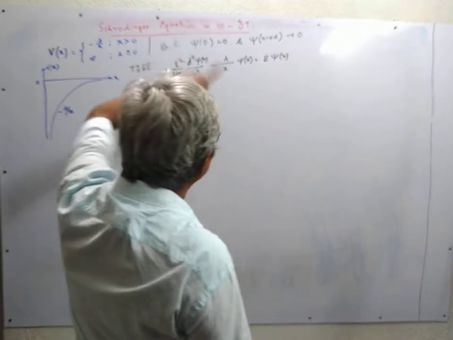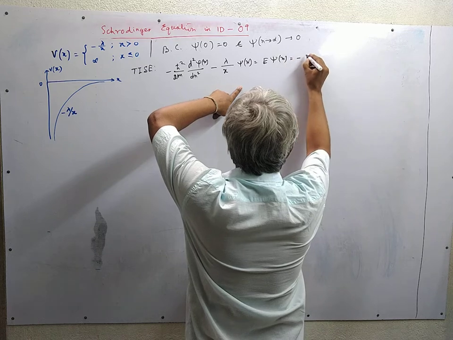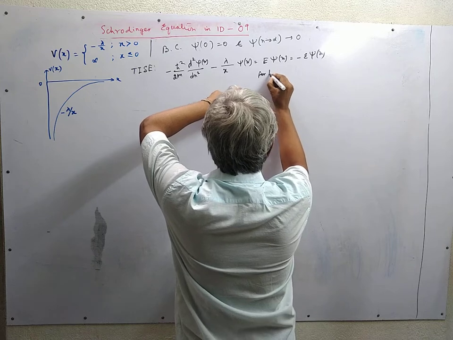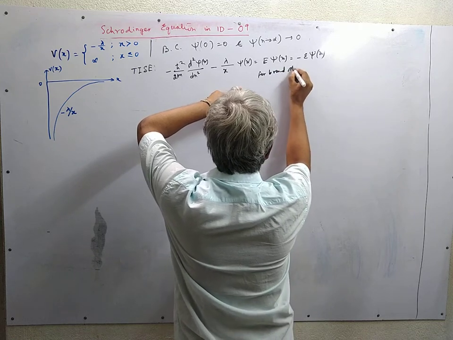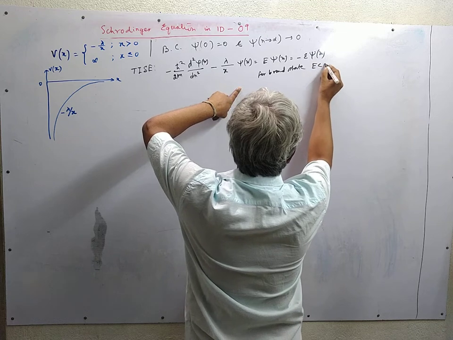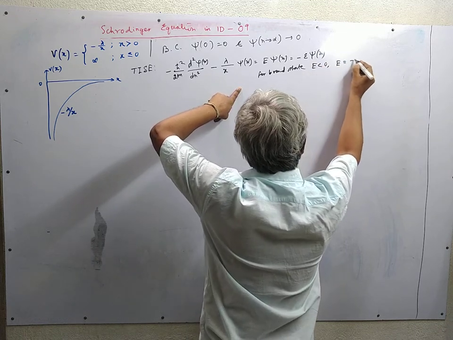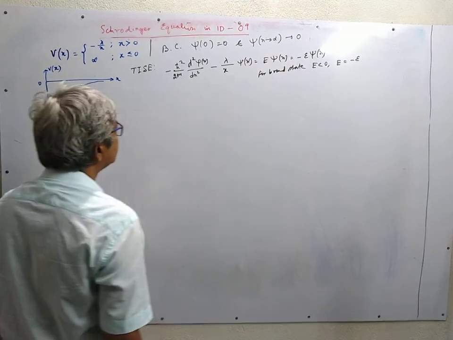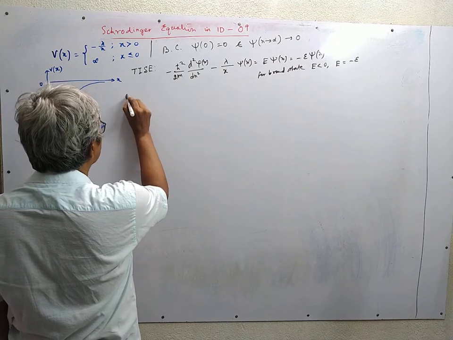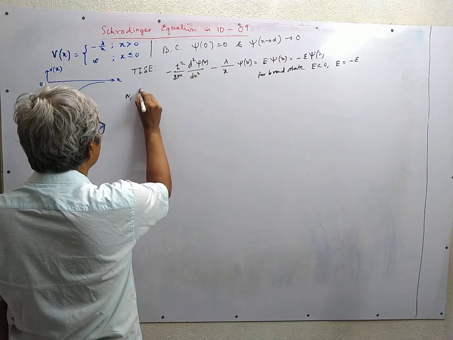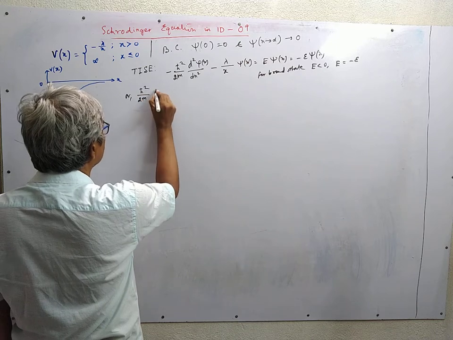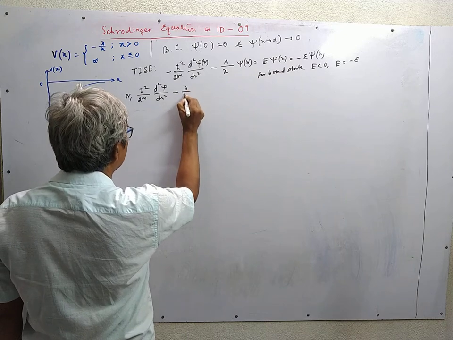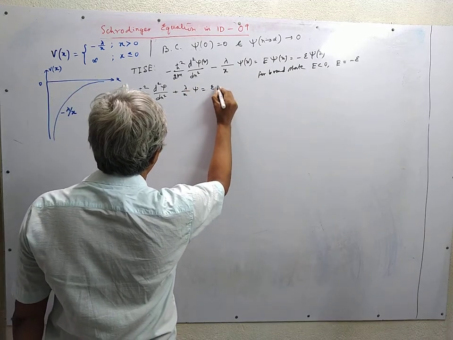As we are considering the bound state, E has to be negative, so we write E is equal to minus epsilon, where epsilon is a positive quantity. Or this equation becomes h bar square by twice m del 2 psi del x2 plus lambda upon x psi is equal to epsilon psi.